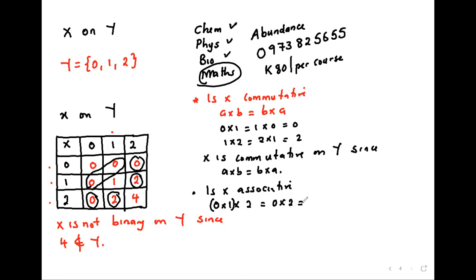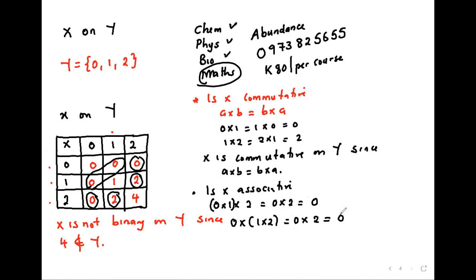By 2, we get 0. Does it differ if we start with 0, 1 by 2? If we do it in that order, where we have 0 first, by 1 by 2, we get 2. When we multiply, we get 0. So it gives the same solution for whatever combination. The position of the brackets does not change the solution.